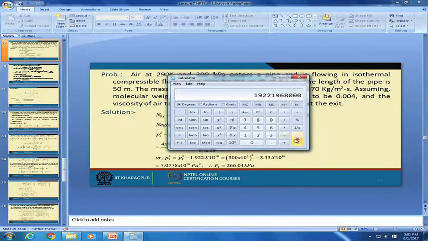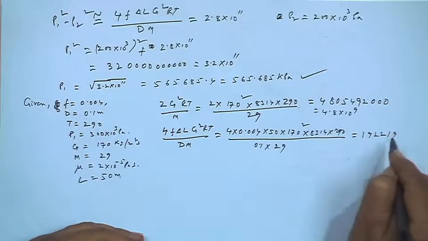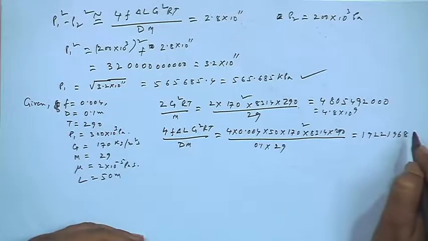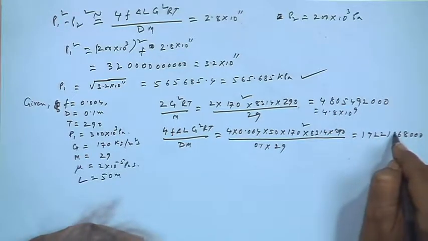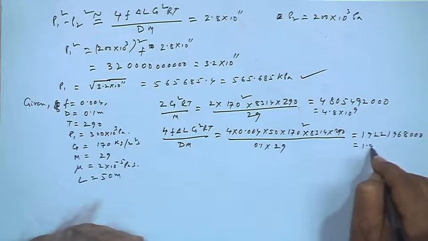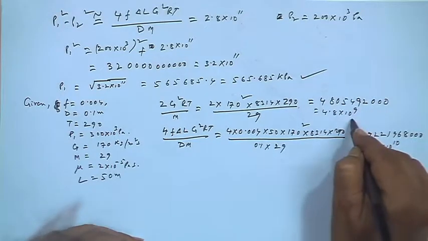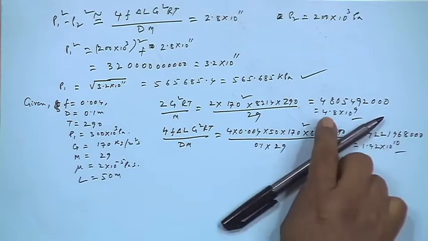This is equal to 1922196830, which is 1.92 into 10 to the power 10. So one is 10 to the 9, another is 10 to the power 10.